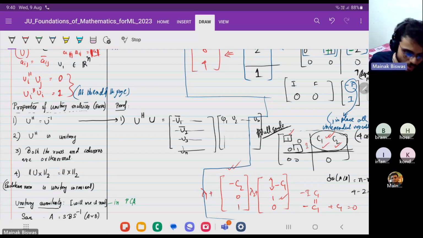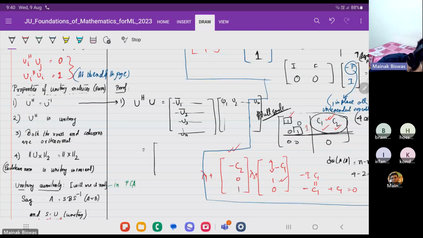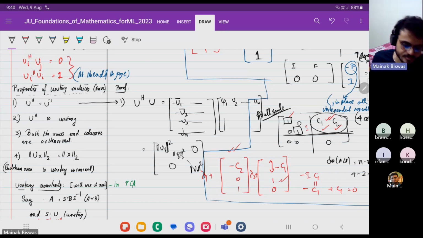Yes. So do you see only the diagonals will be u1 squared, u2 squared, and un squared. Correct? Which is nothing but, since they're orthonormal as well, equal to 1.